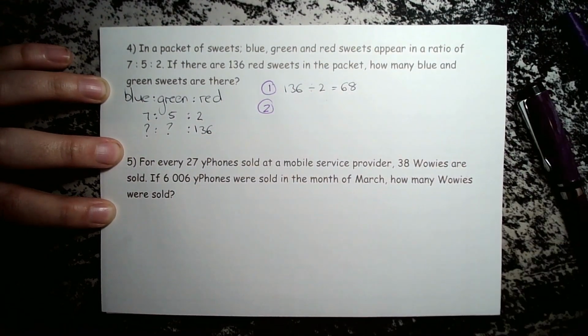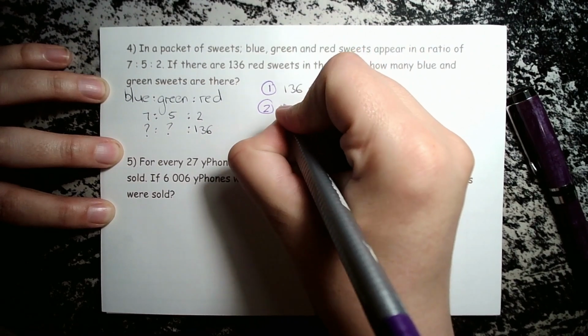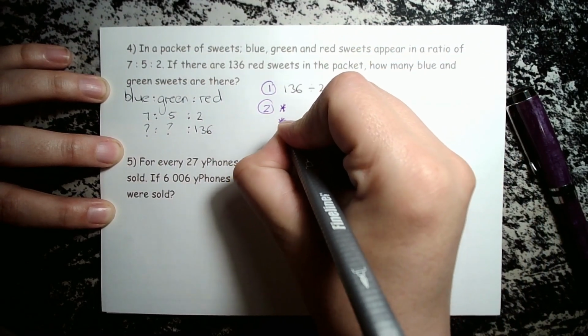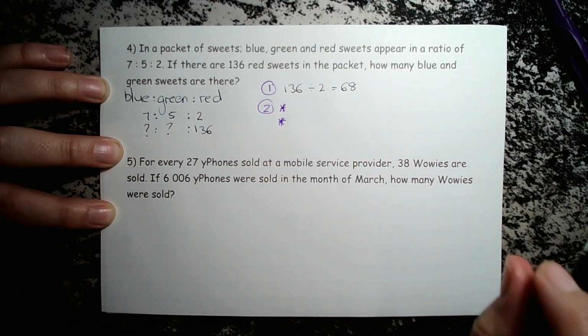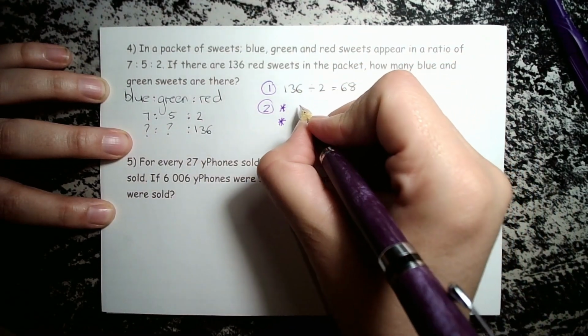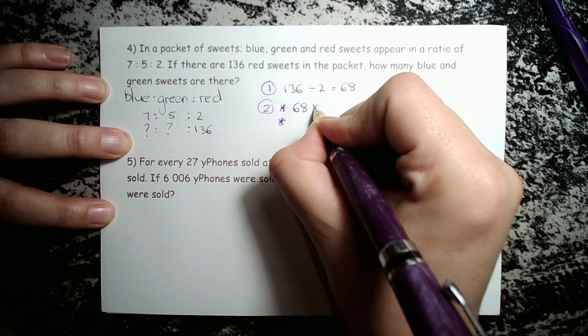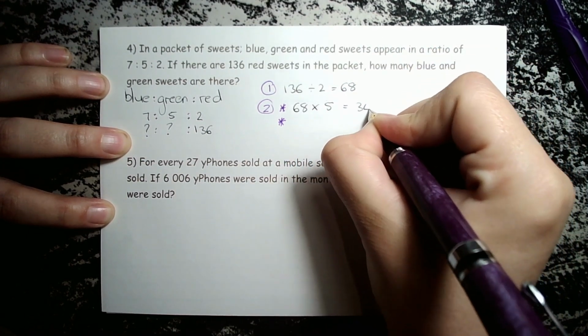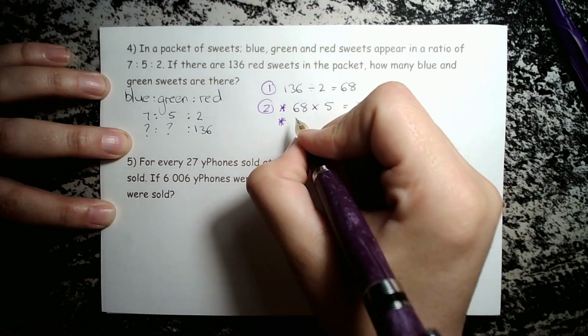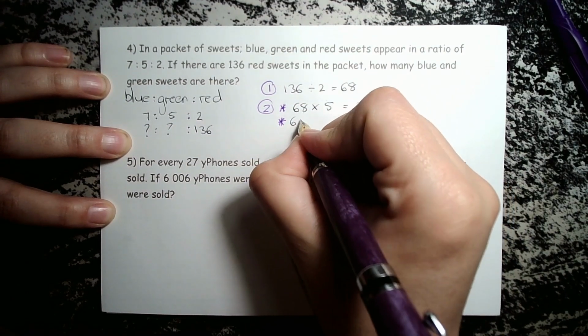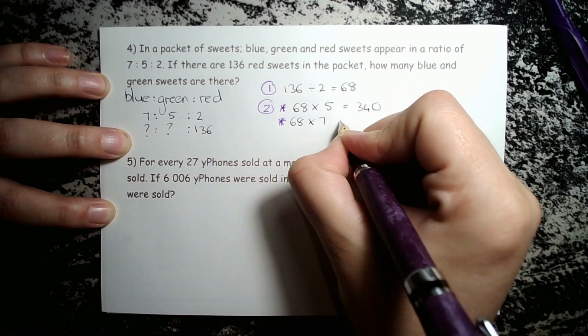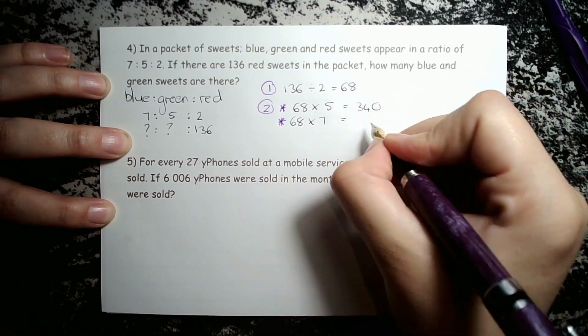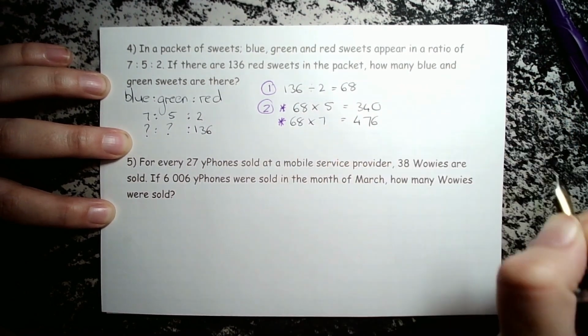Now here I'm going to make 2 little stars so that we know that we are doing 2 separate sums. Just as a reminder, we take that 68, multiply by 5, and that gives us 340. We take that 68, we multiply by 7, and that gives us 476.